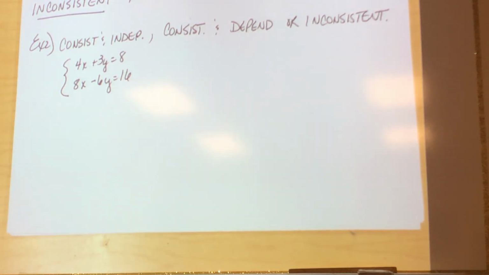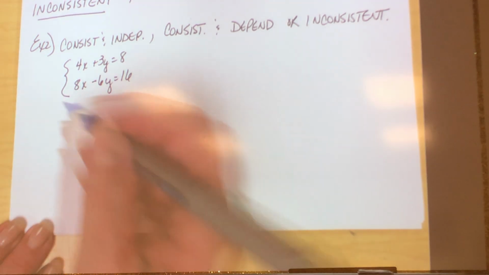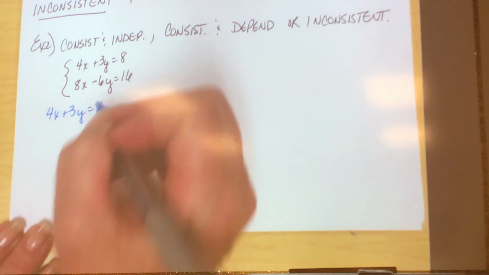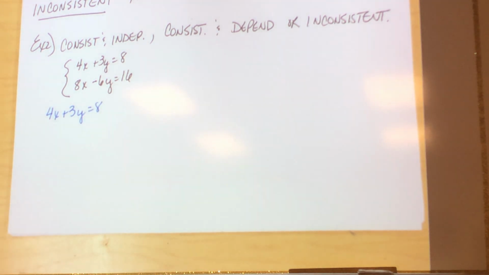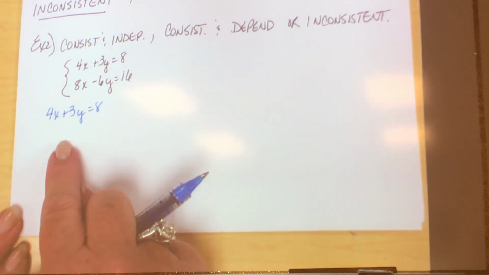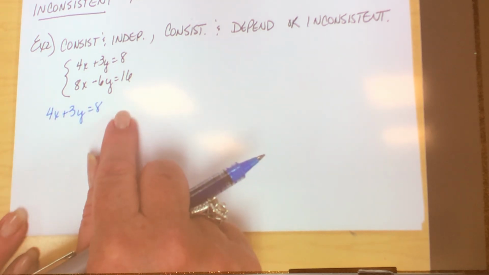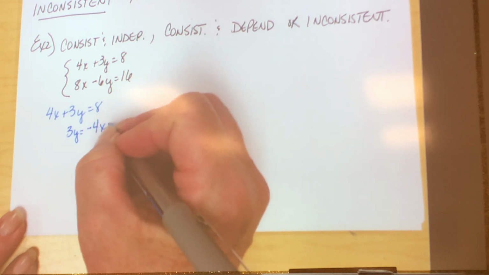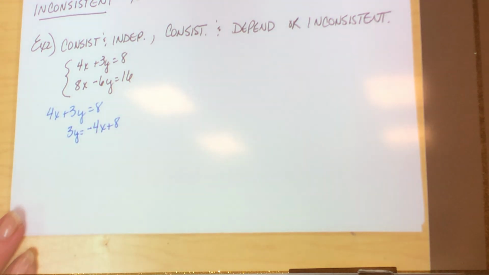Okay? So, I'm going to take each one of these equations and solve for y. So, here's the first one: 4x plus 3y equals 8. Are you with me? So, I'm going to subtract 4x from both sides, right? Or move it over to the right and change its sign. Whatever you think. Negative 4x plus 8. Are you with me?